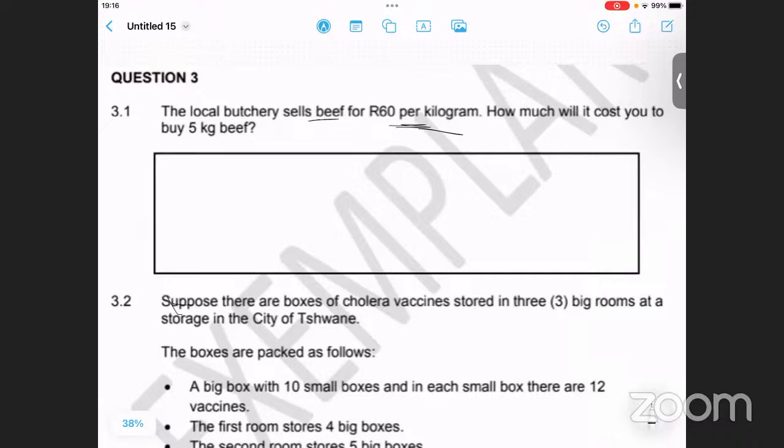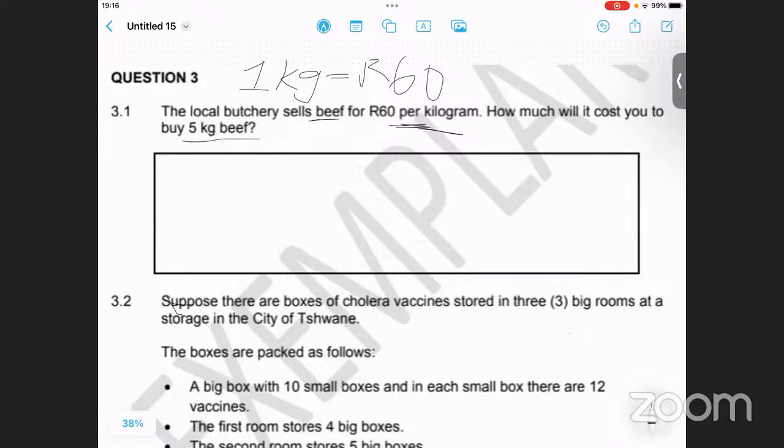So let me start with 1 kg. 1 kg is equal to 60 rands, okay? Now they're asking you how much it will cost to buy 5 kg of the beef, okay?